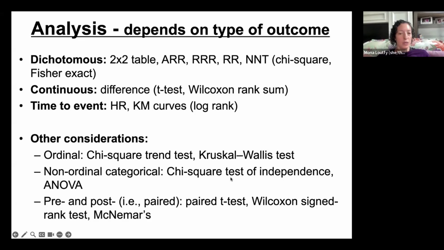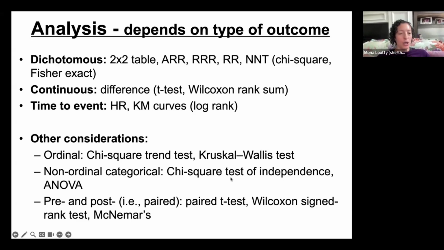And if it's time to event, we use log rank. We're not going to go through the specifics. What I really want you to get out of this talk is understanding that what type of variables, whether they're continuous or categorical, is the most important. That is what dictates what your summary statistics are going to be, how you're going to report your effect size, and what statistical test you're going to use.